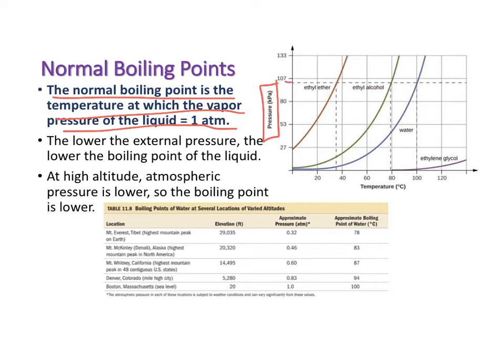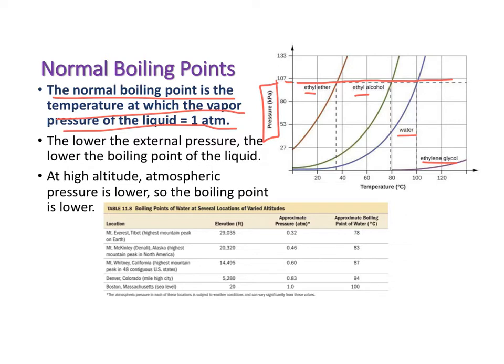At 101, which is this dashed line right here, you can see the boiling points of all of these different liquids: ethyl ether, ethyl alcohol, water, ethylene glycol. So this is just to have a standard number that we can use.